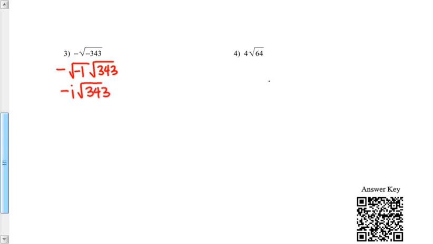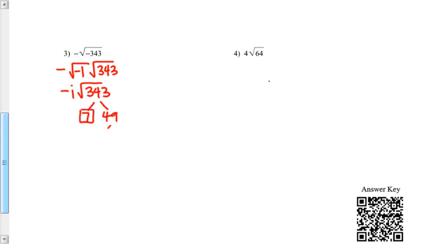And 343 is not a perfect square, so I have to come up with some factors for that. Got it. So that is 7 times 49.